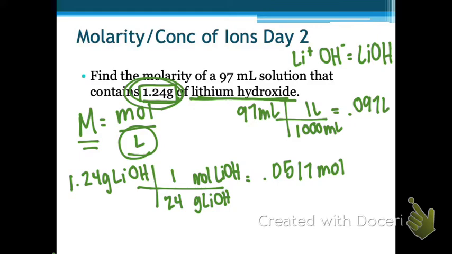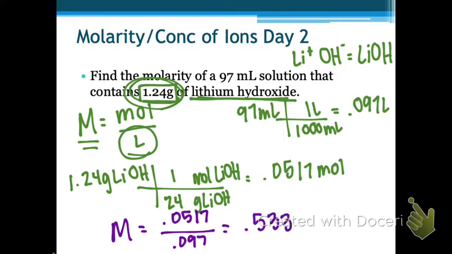Now to find my molarity, I take my moles divided by my liters, and that gives me 0.533. The unit that goes on the end is just a capital M, which stands for molar.